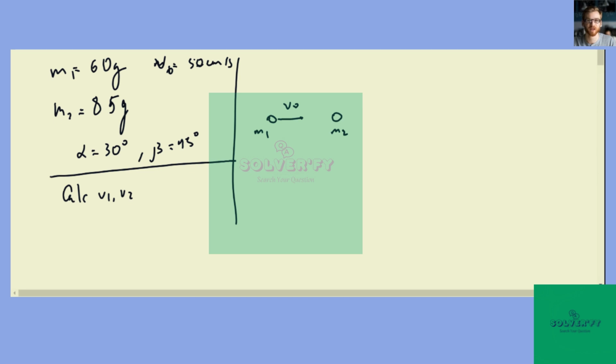After the collision, the mass m1 starts moving at an angle of 30 degrees below the horizontal, and the mass m2 starts moving at an angle of 45 degrees above the horizontal. So that is m2.